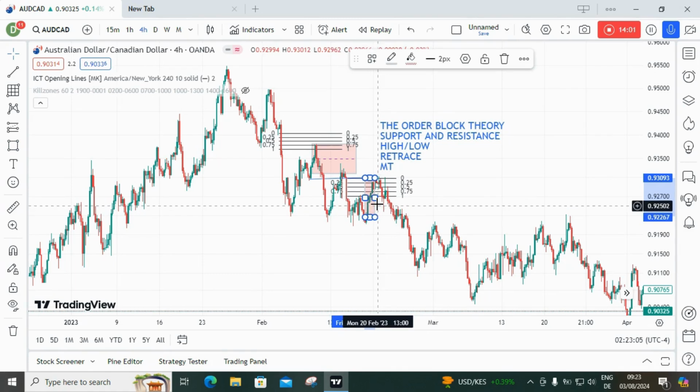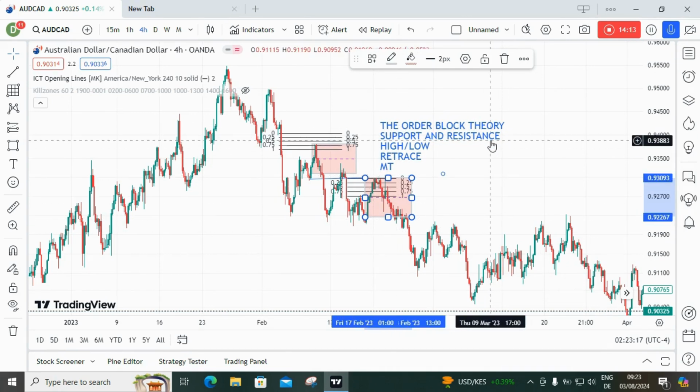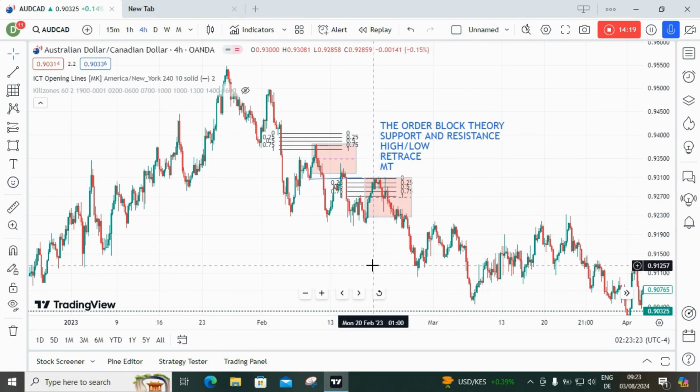Sorry, the resistance area. So they enter the resistance area, and what happens on our checklist? When we have reached resistance in a downtrend, we really have to go lower. So we reach the resistance area and we trade lower.